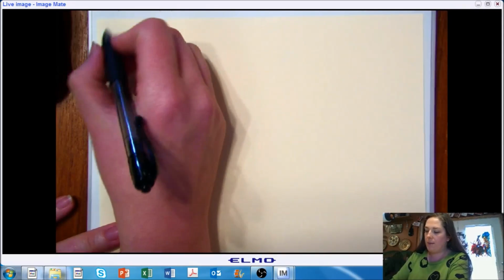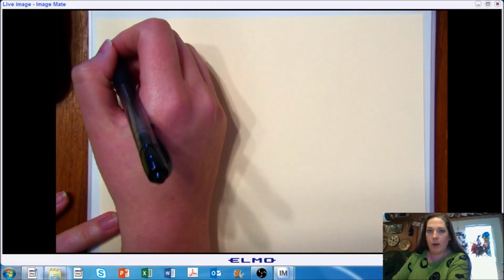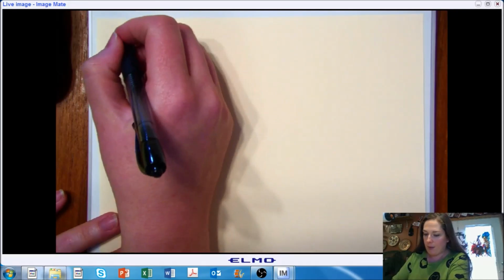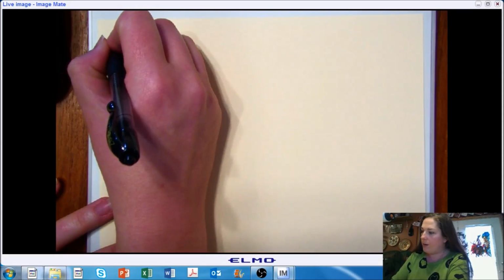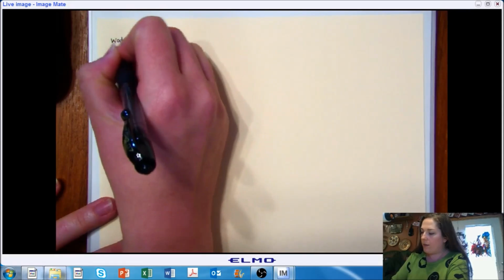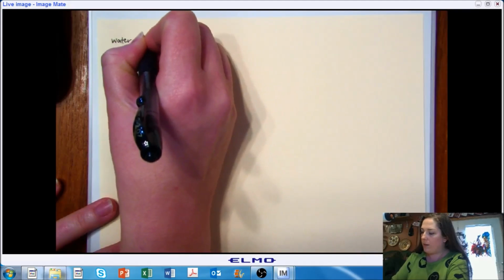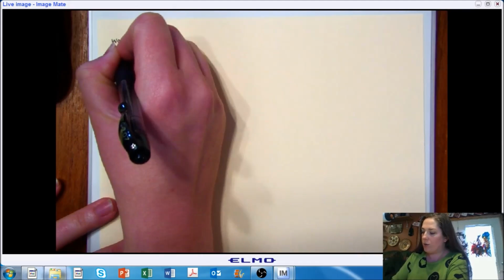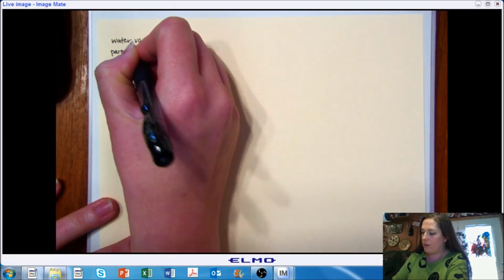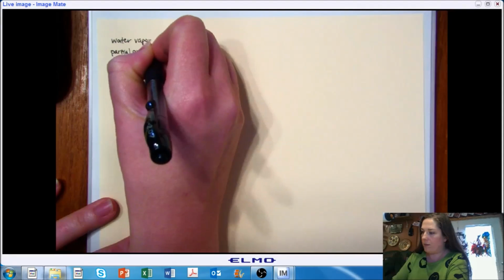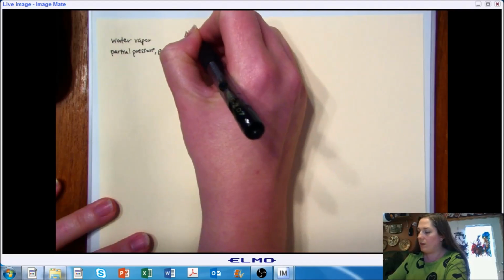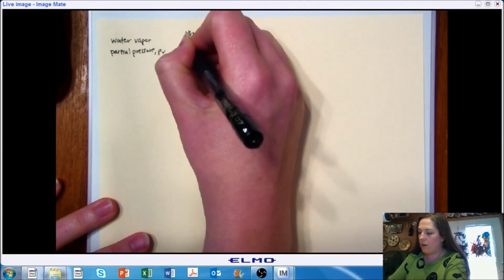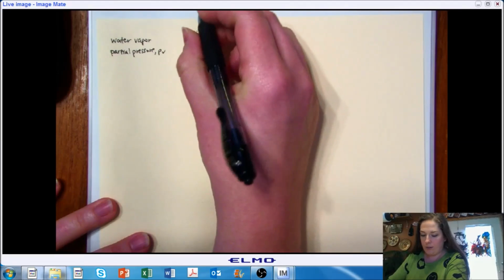Sticking with the same format, I'm going to stay with the Albright equations for now, and we're going to get our water vapor partial pressure. We'll use Albright equation 2.2.